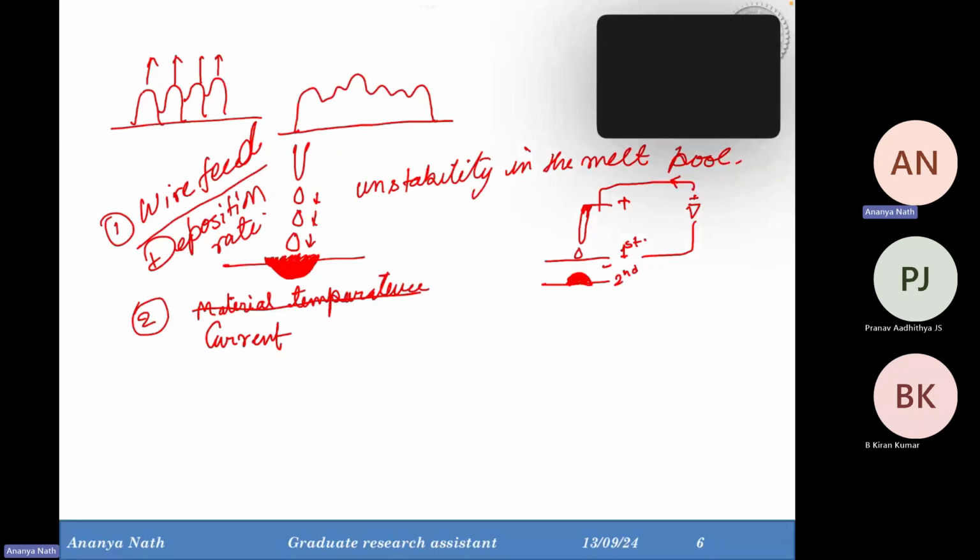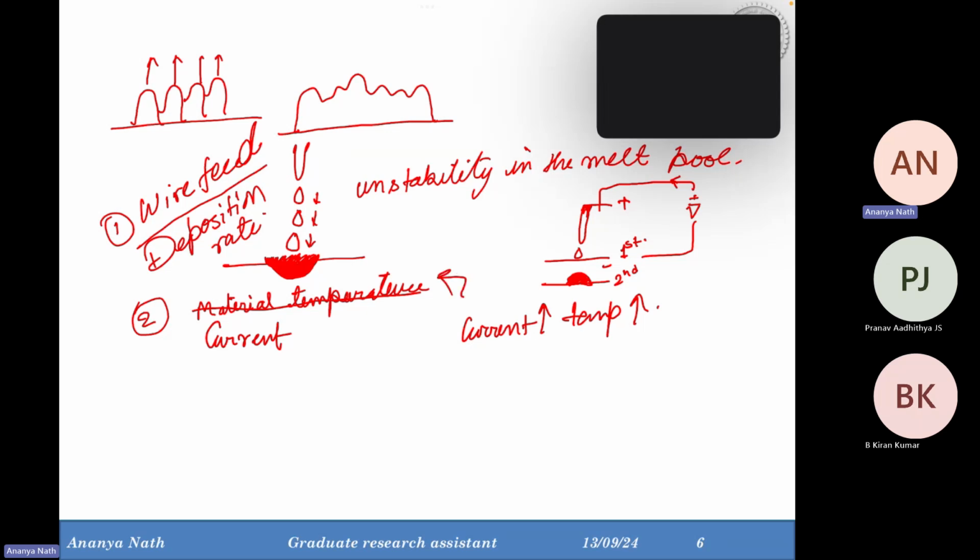So now we have another question: how will the current affect? Just remember, when the current increases, the temperature increases. If the temperature is increasing, again I'm coming to this point, material temperature.